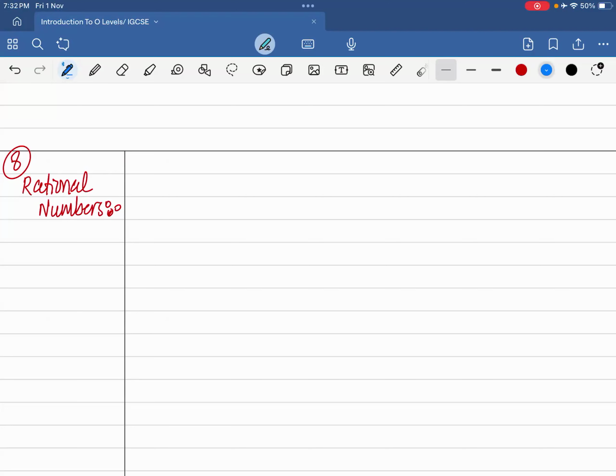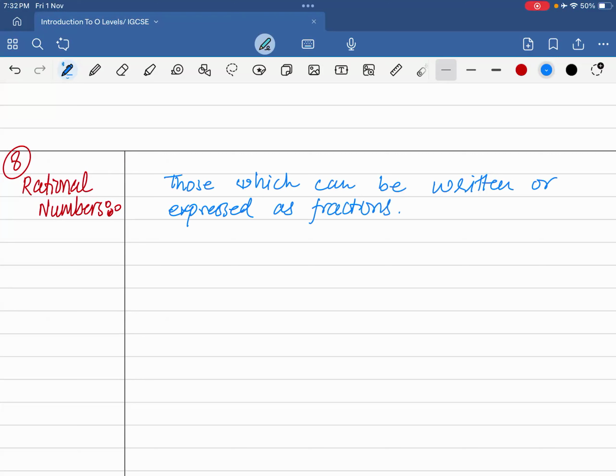Okay, we can try to understand that. Rational numbers are those which can be written or expressed as fractions.